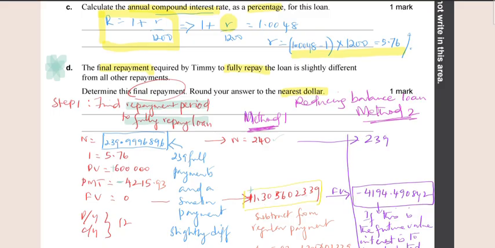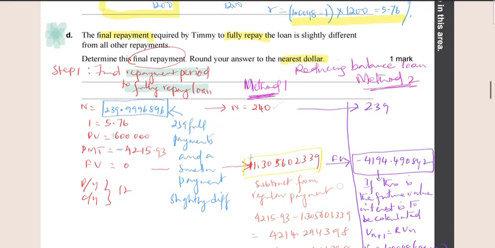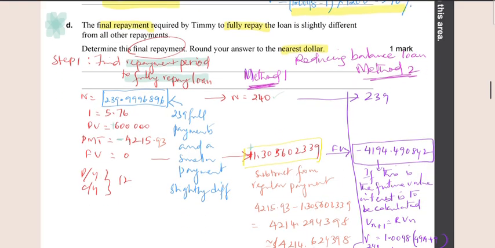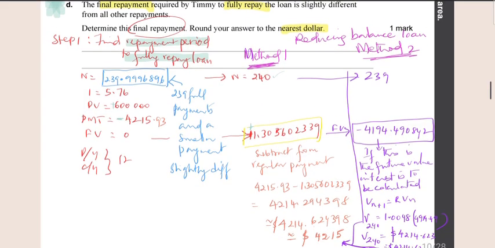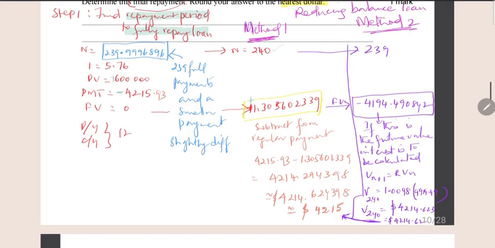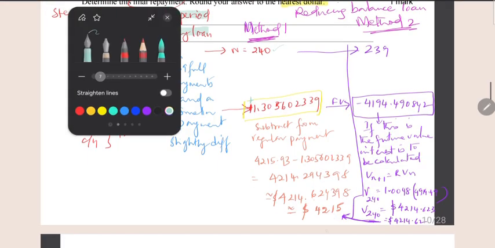Because you've overpaid by going up to 240, you should subtract that from the regular payment, which is 4215.93. Subtract all the decimal places. Don't keep rounding off as you go along, because it's only the final answer that you round off. And that gives you an answer 4215. So that's going to be your final payment.